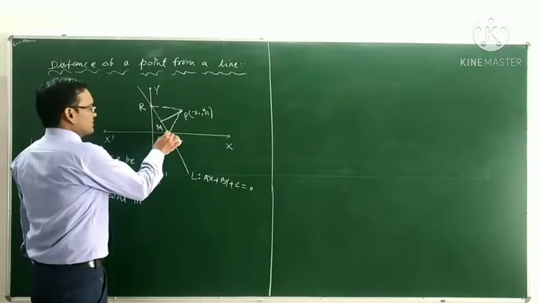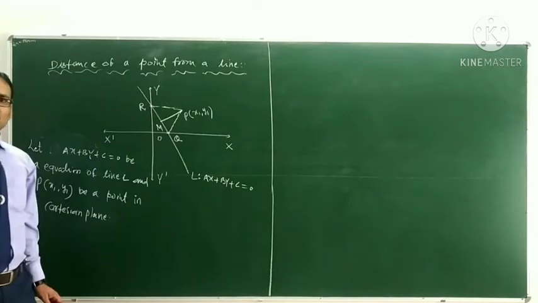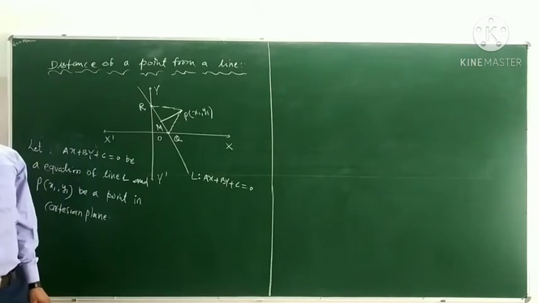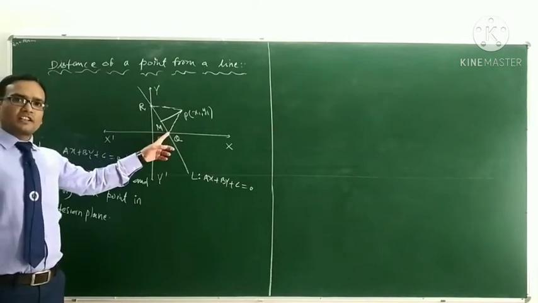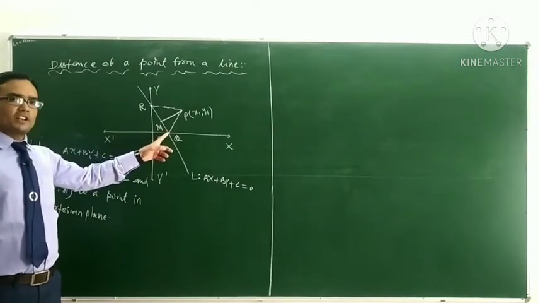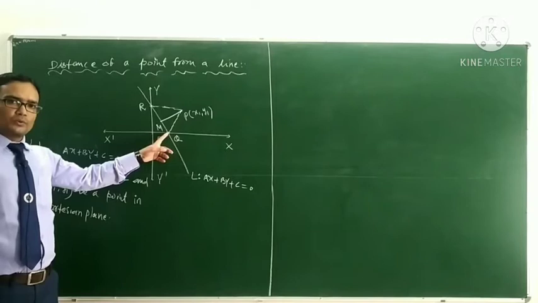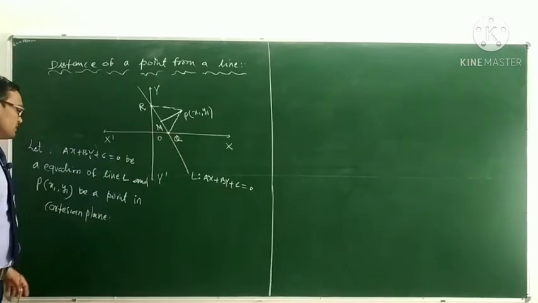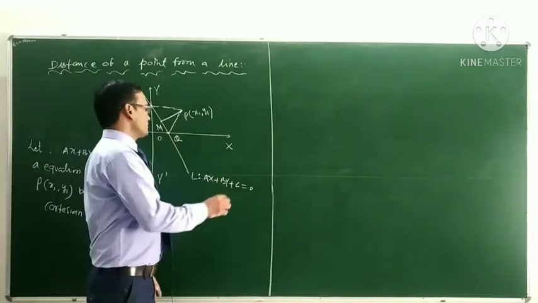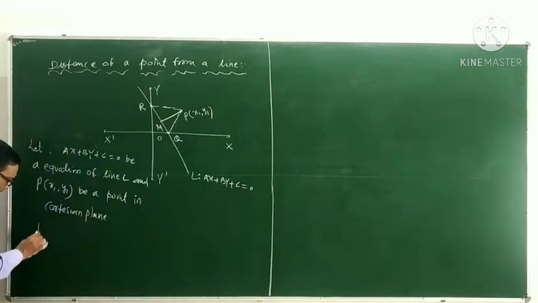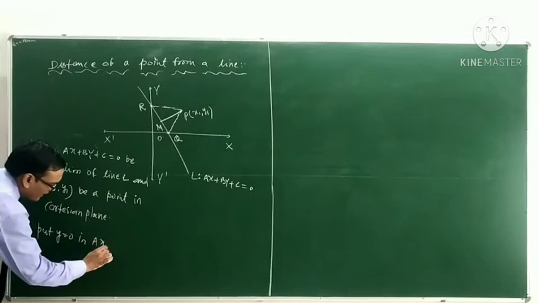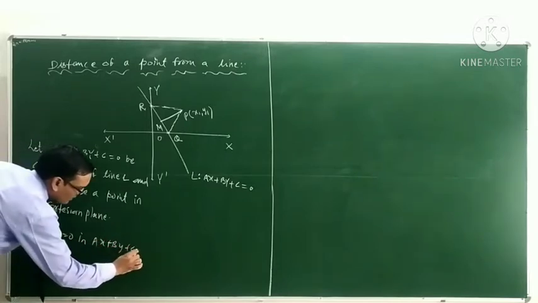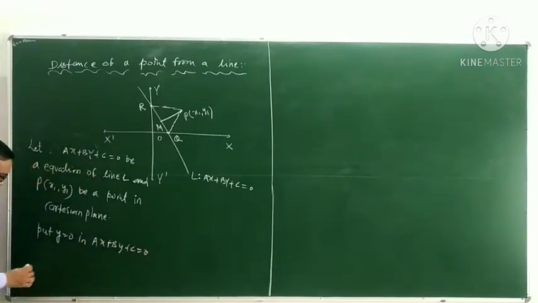Okay, students, first of all we find the coordinates of point Q. Point Q lies on the x-axis, that is, the y coordinate of this point will be 0. Then we put y equal to 0 in ax plus by plus c equal to 0.